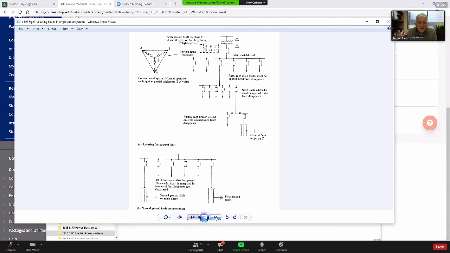It says, normally those three lights will be on. However, if phase C is grounded because of a fault, then C becomes 0 volts. So C lights out. So the ground fault is right here on the right to the bottom.